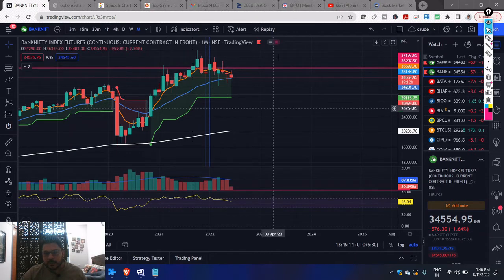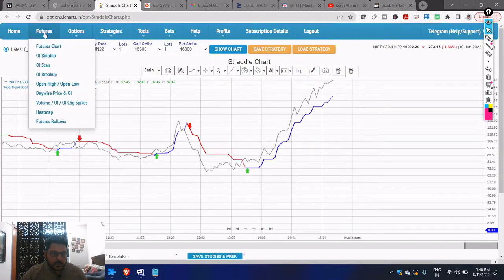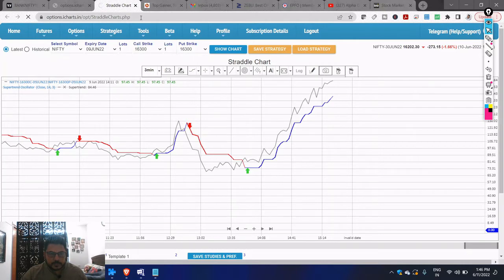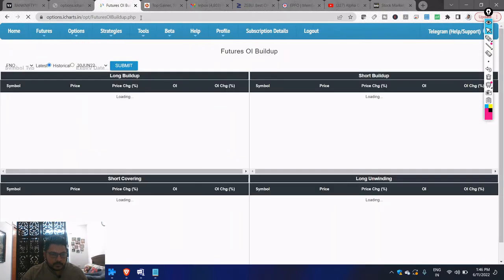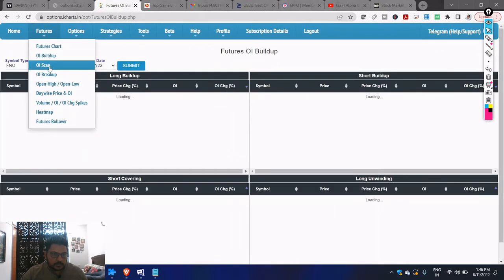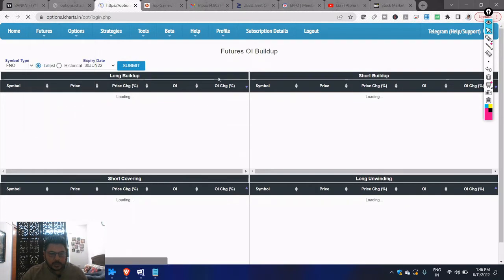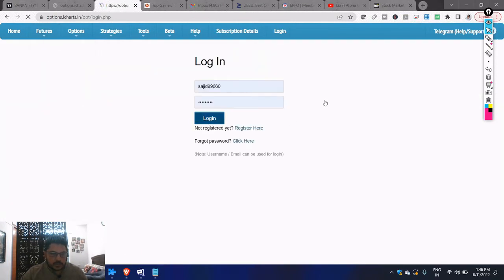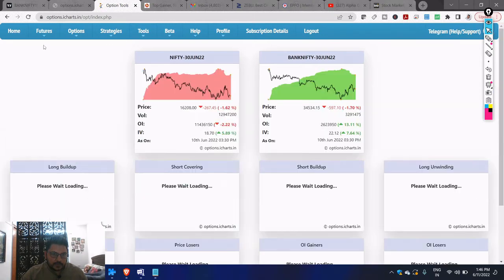So that's for Bank Nifty and Nifty, and let's look at the open interest analysis on OI buildup. Let's look at the open interest on futures for Bank Nifty and Nifty.